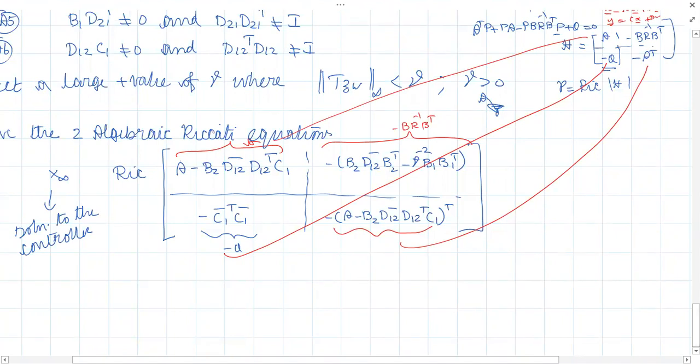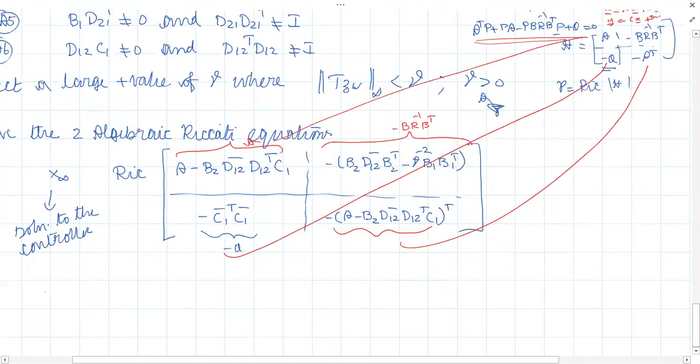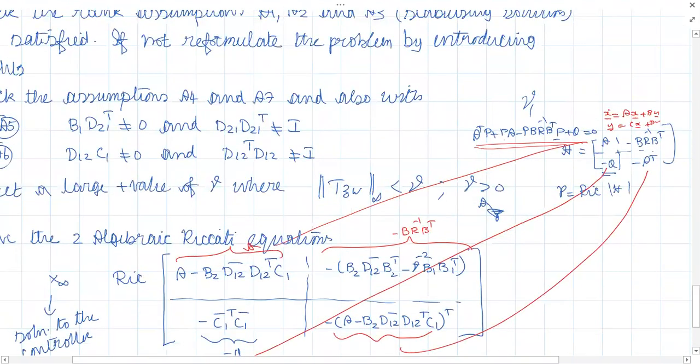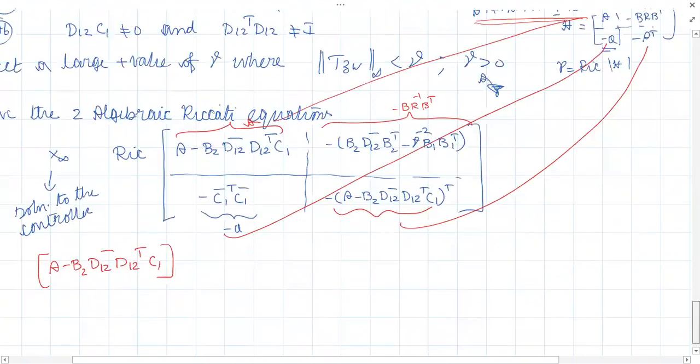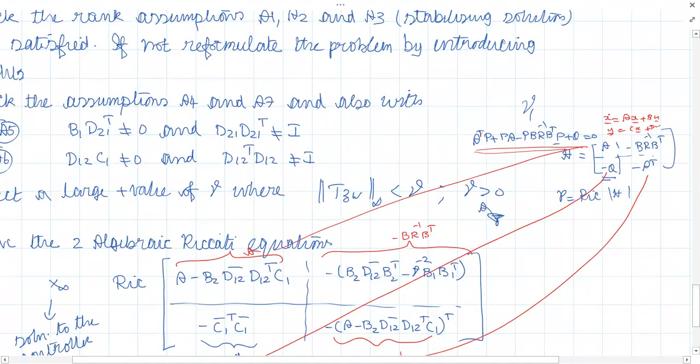So if you write in terms of this Riccati equation, what will you get? A minus B2 D12 bar D12 transpose C1, and this should be transpose. Instead of P, we will write X infinity.